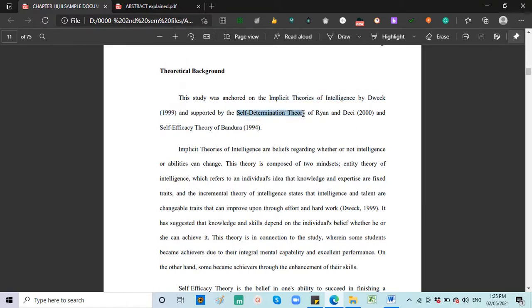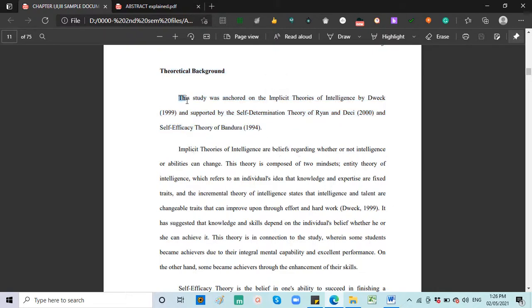Theory: self-determination, theorists Ryan and Deci, year 2000. Self-efficacy, name of the theory, Bandura is the theorist, and 1994 is the year. And then also explain what those theories are, so your theoretical background should be clear. At this point, if your theoretical background does not look like this, make sure to revise.